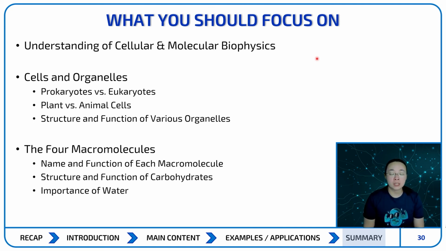And of course, being able to understand the importance of water and why we choose water to be a good model as a solvent for all macromolecules. Apart from that, there are no mathematical problems for this chapter because it's primarily based in biological concepts and physiological concepts.